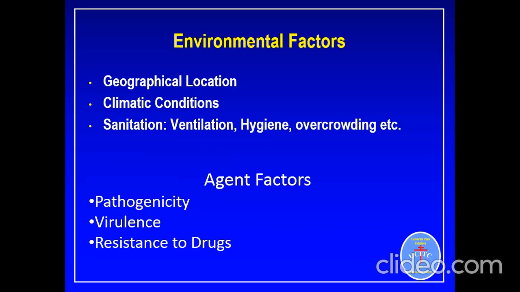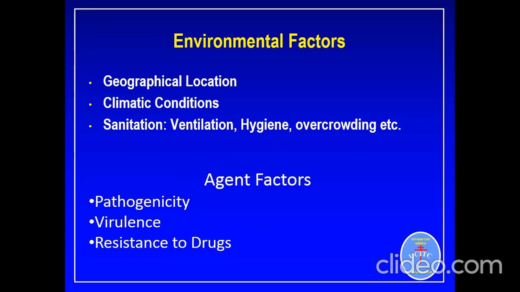Less is known about both these factors, but what is more known is about sanitation and ventilation. We all know that poor ventilation, overcrowded conditions, and poor hygiene affect the spread of tuberculosis infection and acquisition of disease.